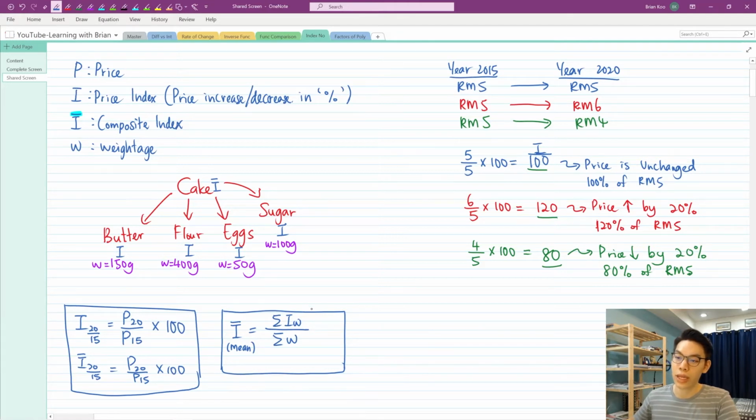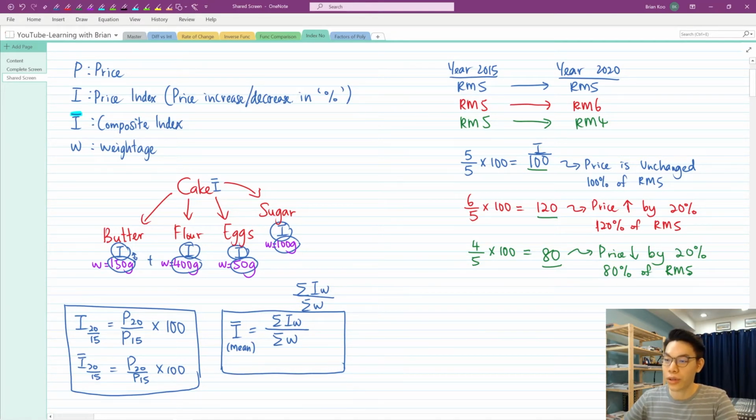So basically we are taking all the I values, multiplying with the weight or the weightage, and sigma means plus together. So I times W plus I times W plus I times W plus I times W, and then you divide it by the total weight: your 150 plus 400 plus 50 plus 100 all added together. That will give you your composite index, your I bar. So this is the second formula.